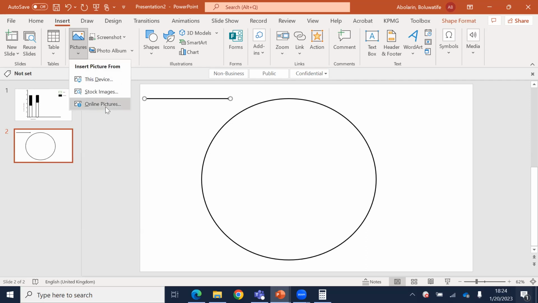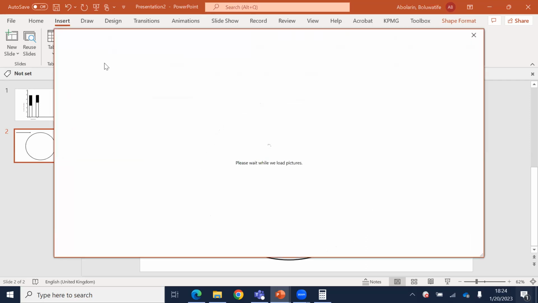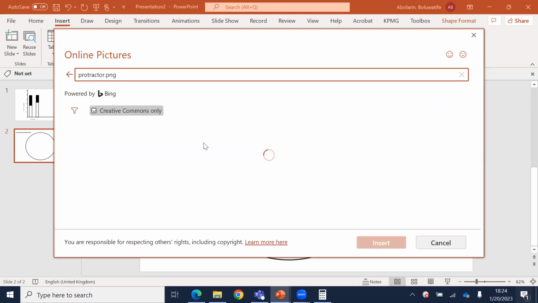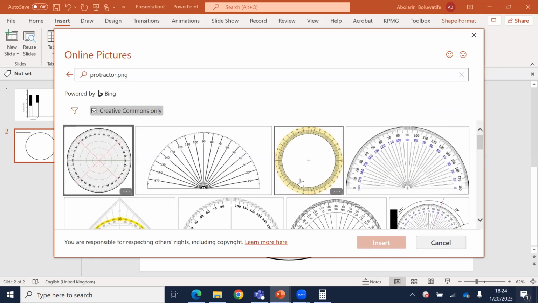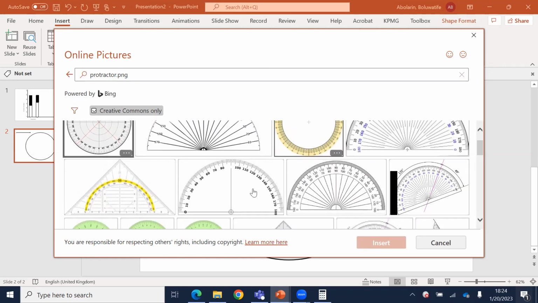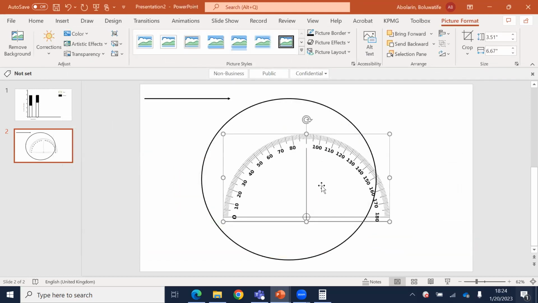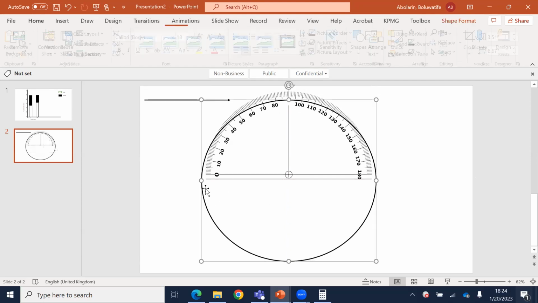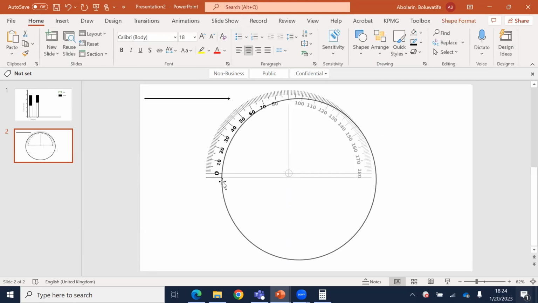So protractor, I'm going to be using an online protractor. So I have my protractor here. So this is my own protractor. So if you want to start, reduce shape.